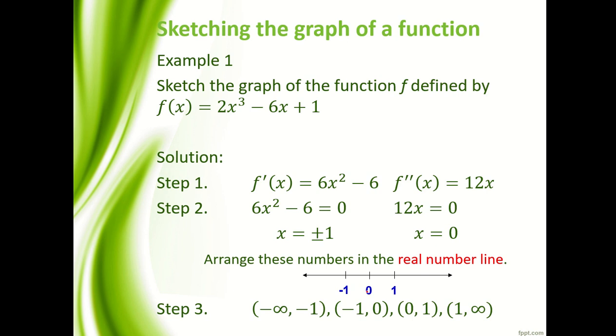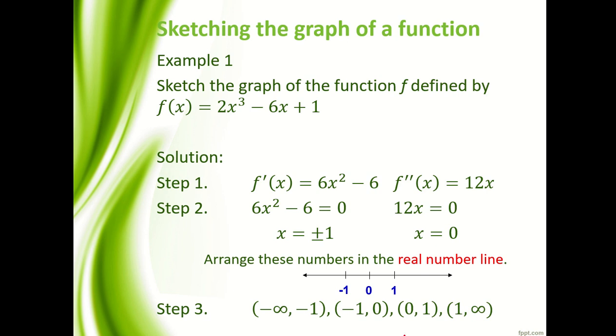Between -1 and 0, we have this interval. Then between 0 and 1, we have the interval 0, 1. And we also have the interval from 1 to the rightmost, 1 to positive infinity. So far we have 1, 2, 3, 4. We have 4 intervals.